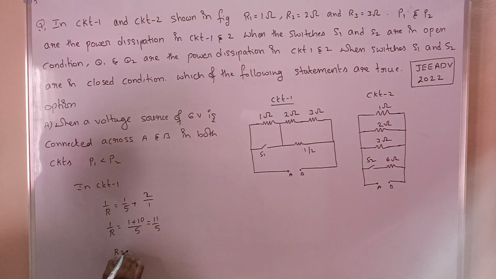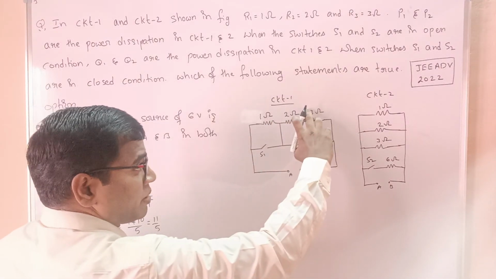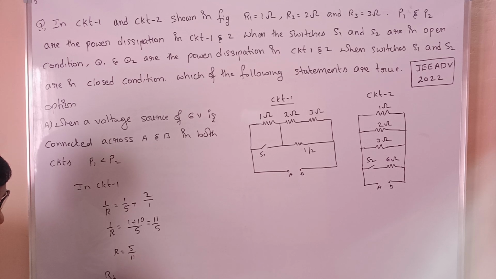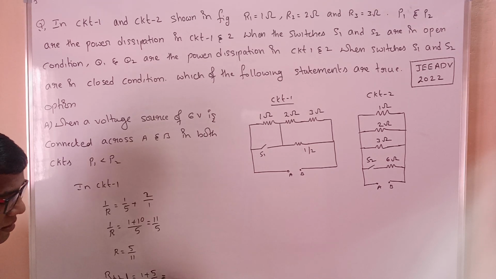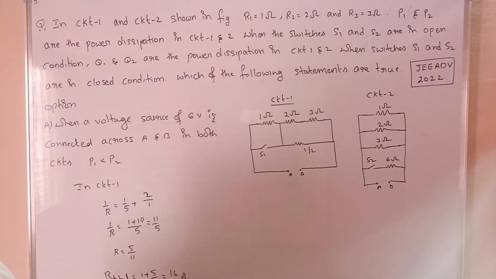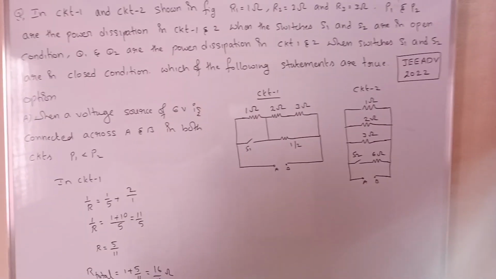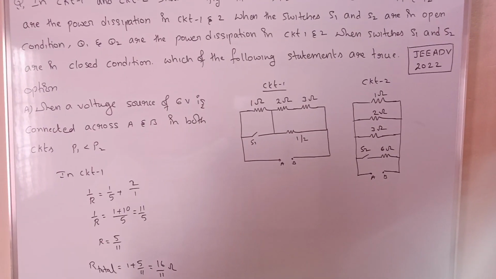So R is equal to 5 by 11. This is in series with the other resistor, so the total resistance is 1 plus 5 by 11, which is 11 plus 5 by 11, that is 16 by 11 ohm.